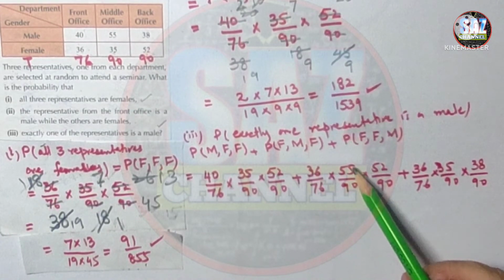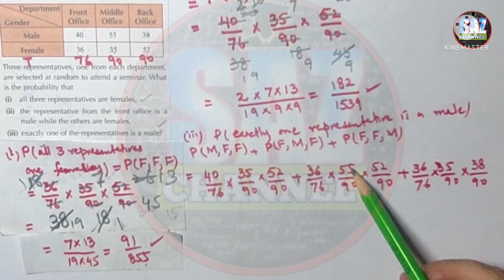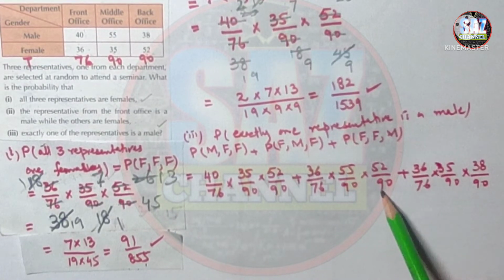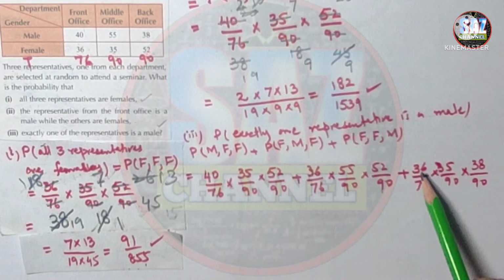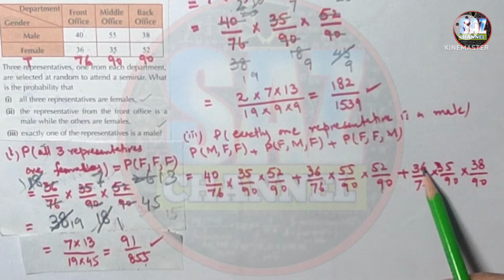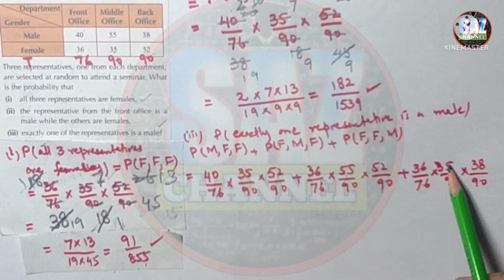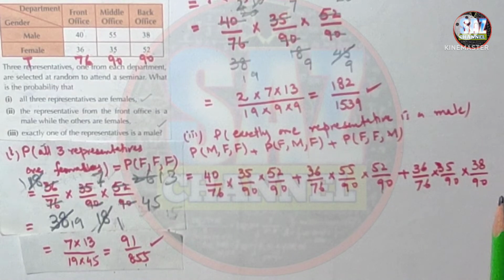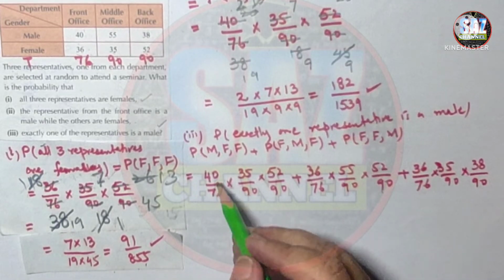Then male has to be picked up, 55 by 90, and 52 by 90. And then for the last office we should have female first, 36 by 76, 35 by 90 and 38 by 90.